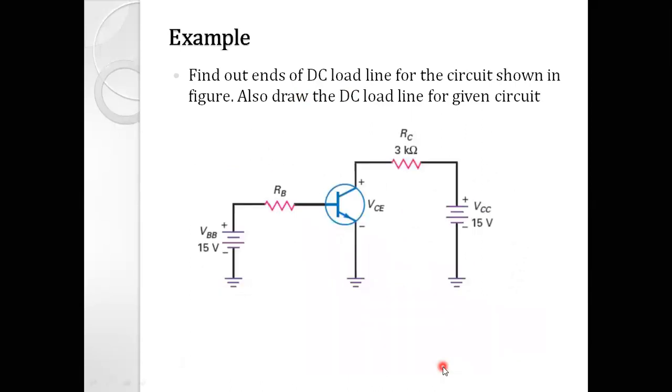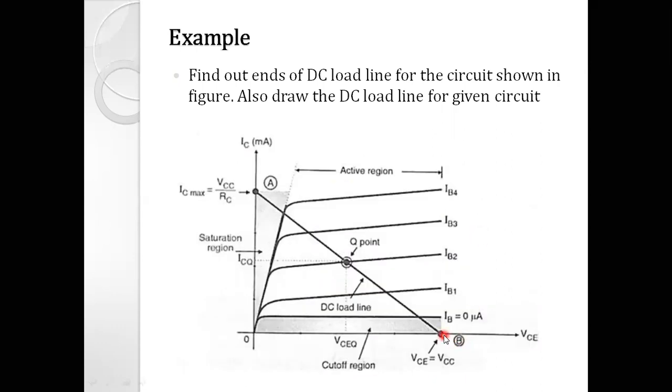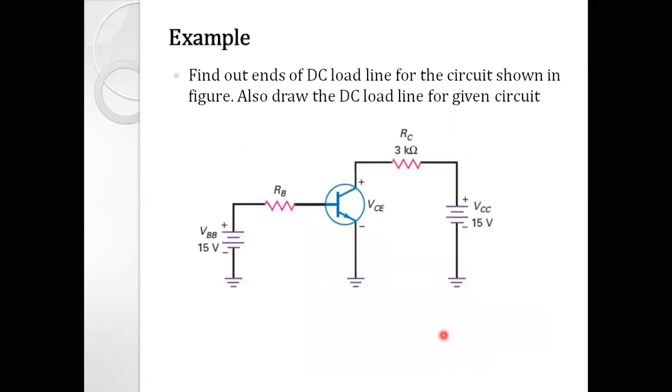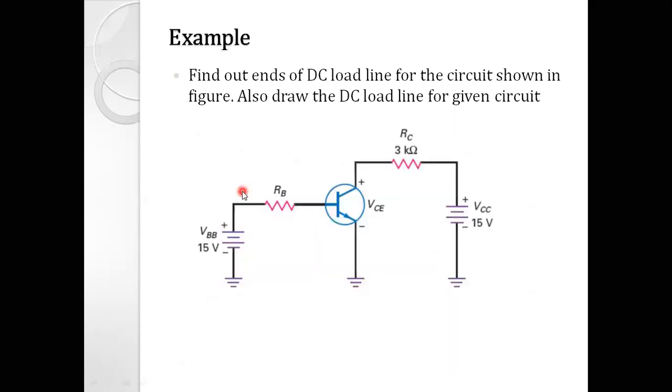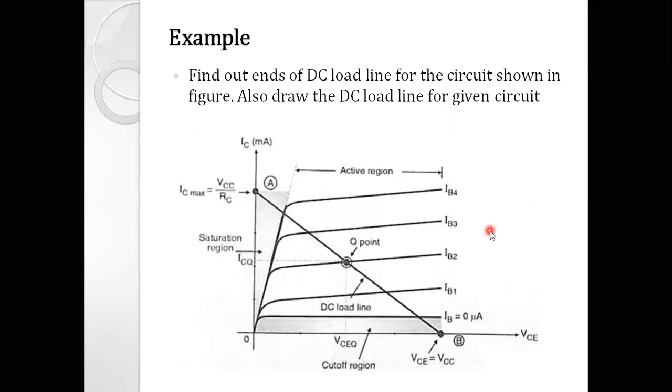The value of VCC is given in the diagram, that is 15 volt. So one end of the DC load line is at positive 15 volt on the x-axis, and the second end is VCC divided by RC. VCC is 15 divided by RC, that is 3 kilo ohm, so the answer is 5 milliampere, which is IC maximum.